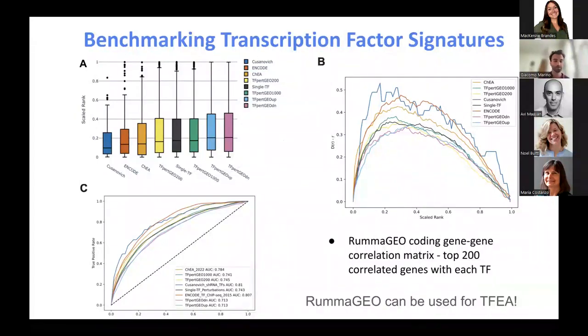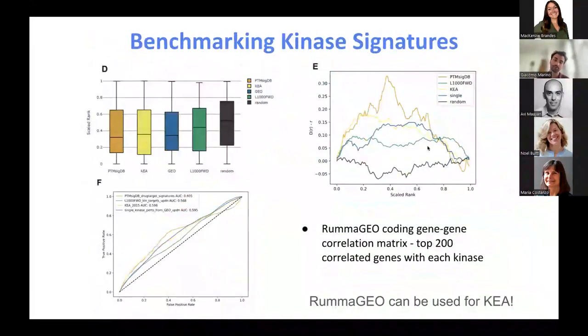We can benchmark this with a variety of libraries, and we see that the recovery is quite good for transcription factors, in that it's ranking the correct transcription factor very highly across many of these benchmarking libraries. We can use a similar procedure to create a kinase gene set library from RummaGEO. Though this doesn't perform quite as well as the transcription factors, we can still see better than random recovery of those kinases.